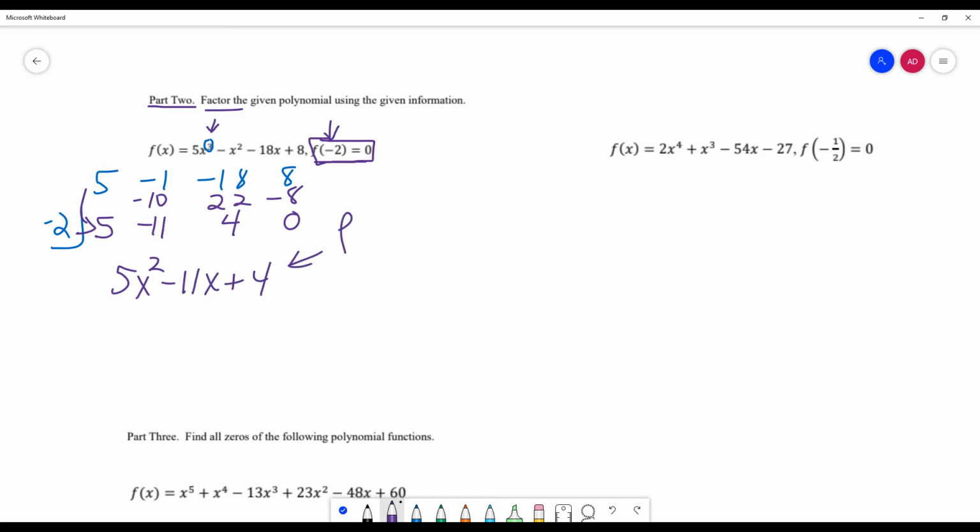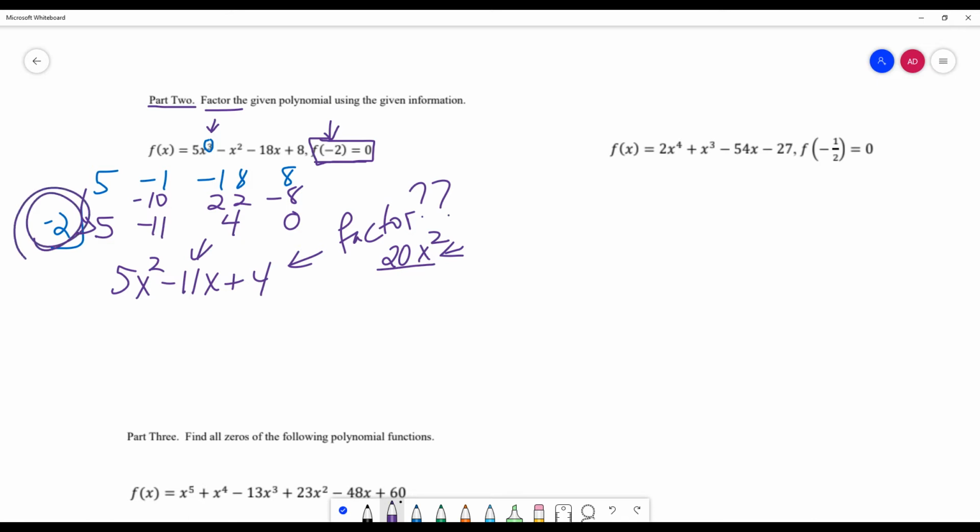Now, if I can factor this, I'm going to do so. But you might be realizing, wait a minute, I can't factor that, because when I multiply those two together, I get 20x squared, and there aren't any factors of 20 that are going to make an 11. So 5x squared minus 11x plus 4 can't be factored anymore.